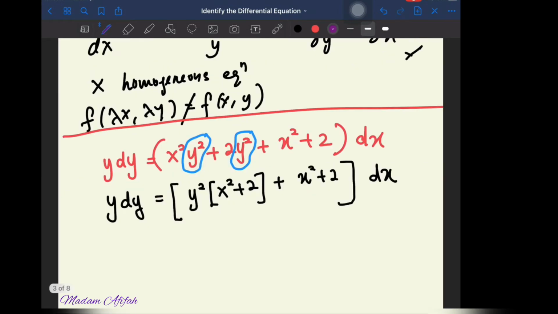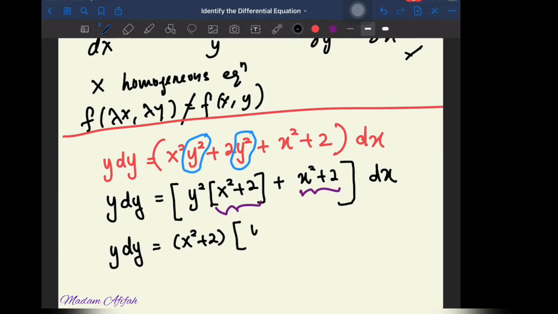And again here you have two similar functions, which is x squared plus 2, and here you have x squared plus 2. So therefore you can factorize the x squared plus 2, so that you will have y dy equals (x squared plus 2) times (y squared plus 1) with respect to dx.